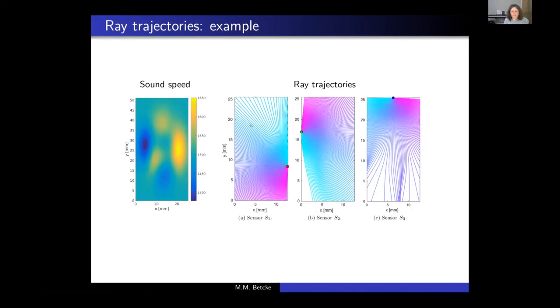So this is an example. If you take 2D and you generate yourself this speed of sound, which you recognize as a fixed function from MATLAB, and it oscillates around 1,500 and something at about plus minus 10%. And so you trace rays from a few locations with respect to the speed of sound.